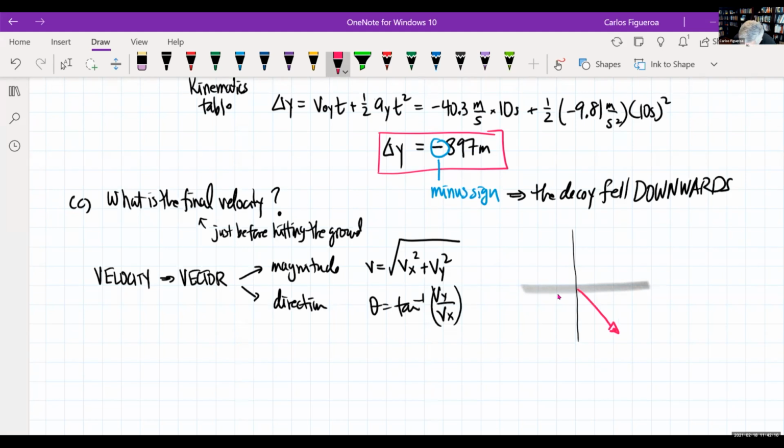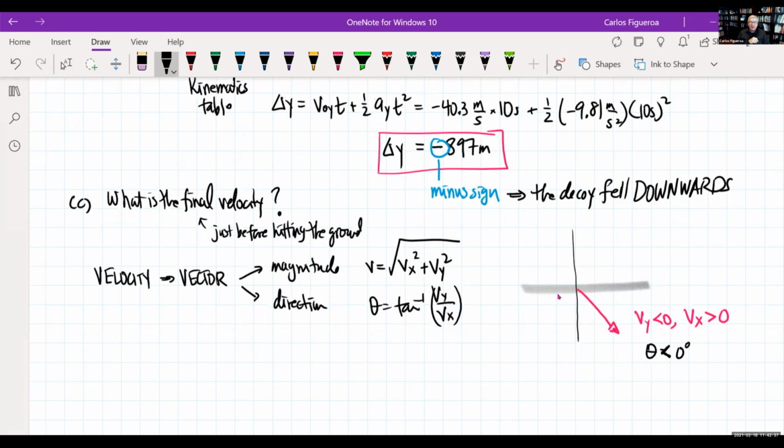In other words, I expect that Vy should be negative while Vx should be positive. So I immediately expect that the angle I calculate should be less than 0 degrees, a negative angle. If I don't get a negative angle, there's a problem.